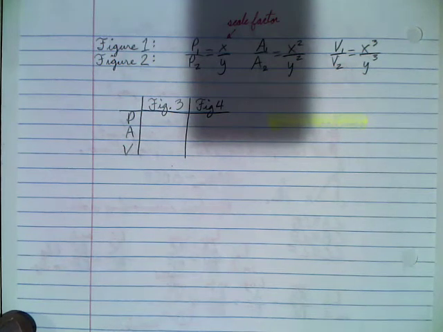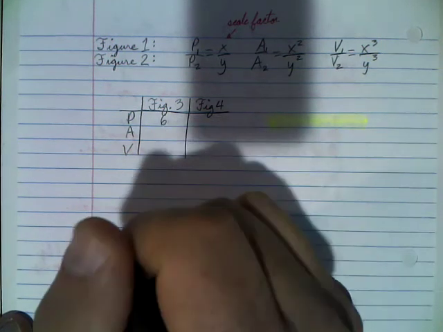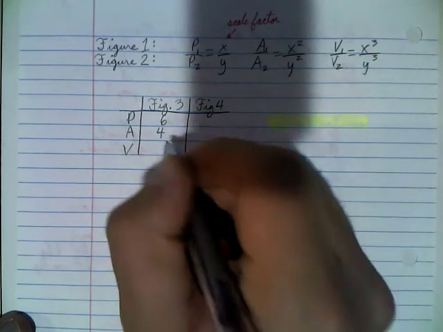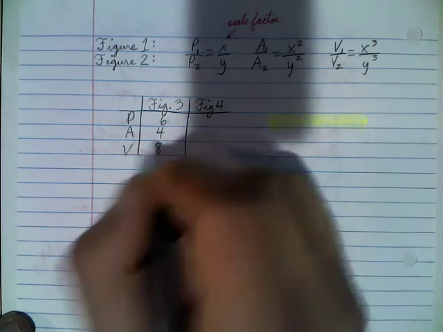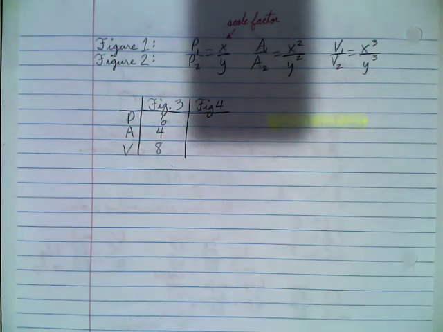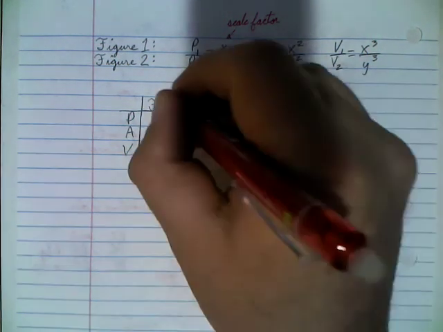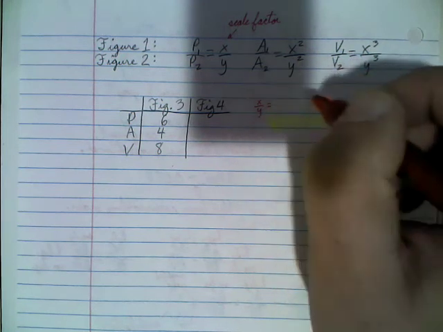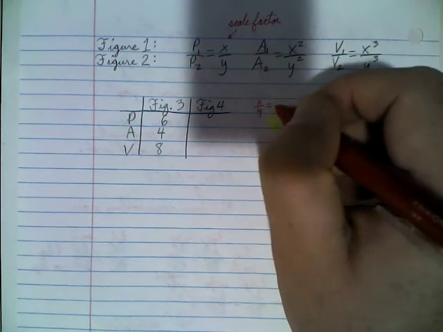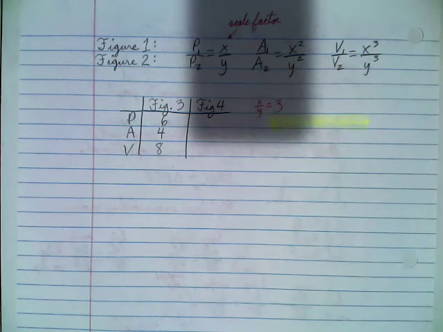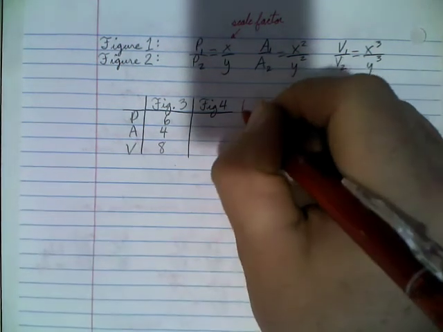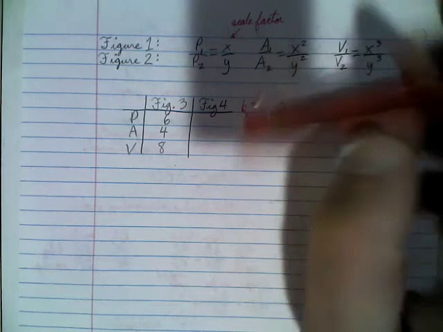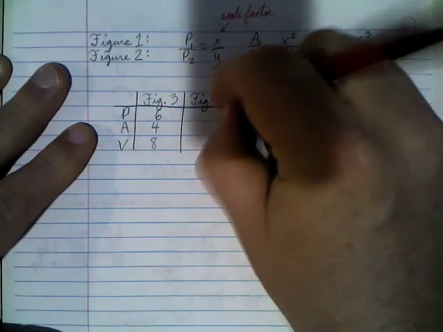If I were to tell you right now that figure 3 has a perimeter of 6 units, has an area of 4 square units, and has a volume of 8 cubic units, and I were to tell you that the scale factor here is 3. Sometimes when we're dealing with scale factor, we use the letter K to represent this.